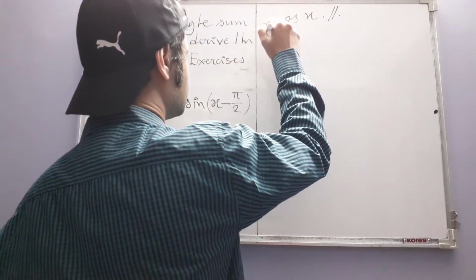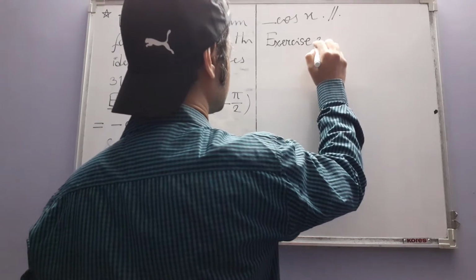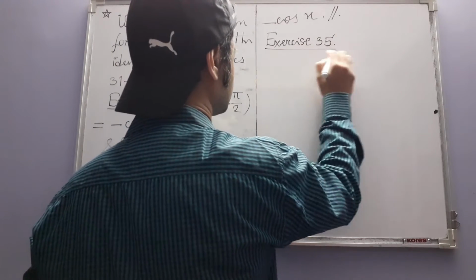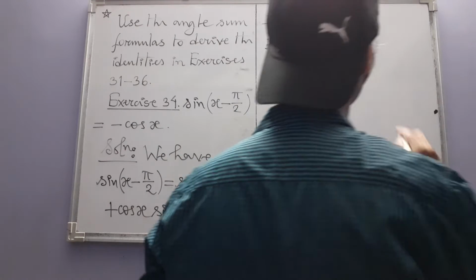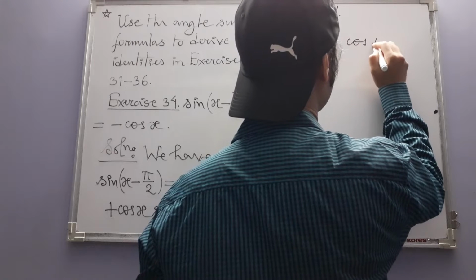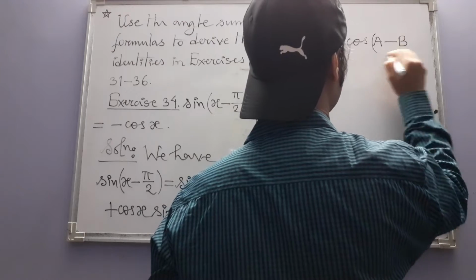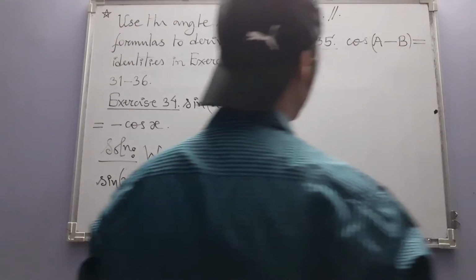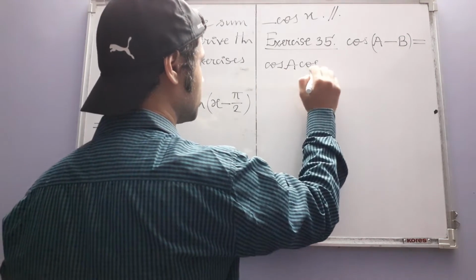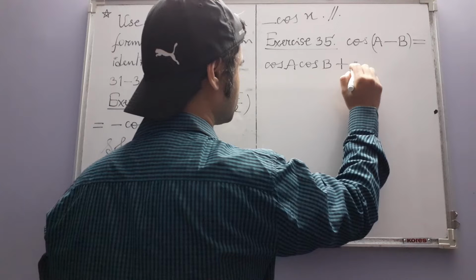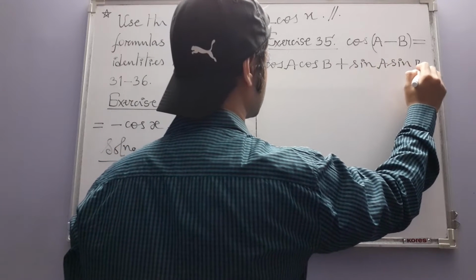So the next one, 35. Here we have to prove that cos(a minus b) is cos a cos b plus sin a sin b.